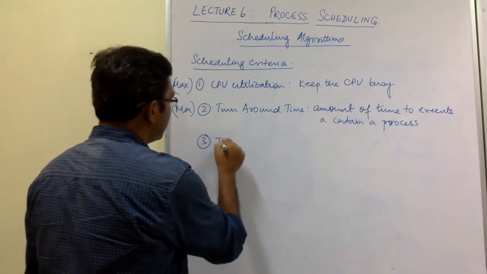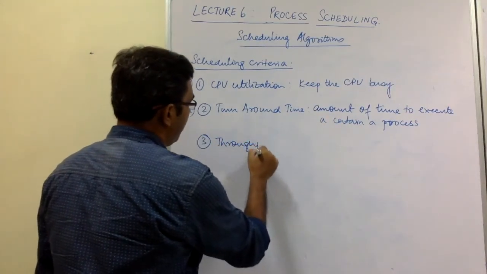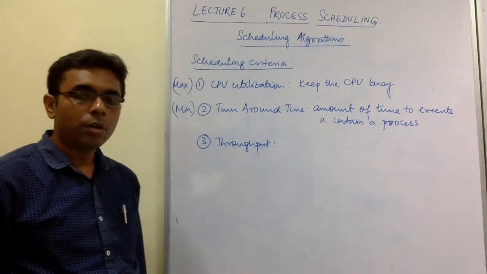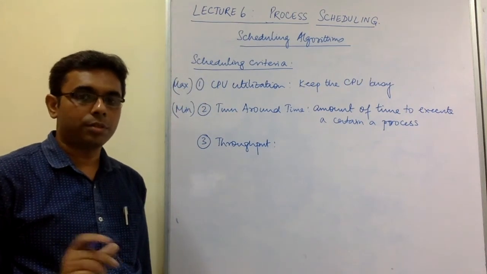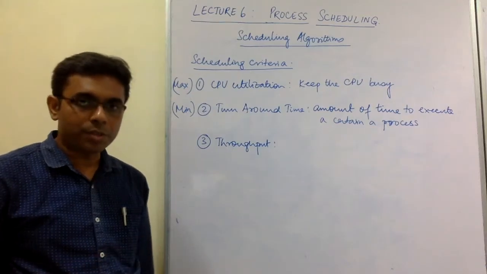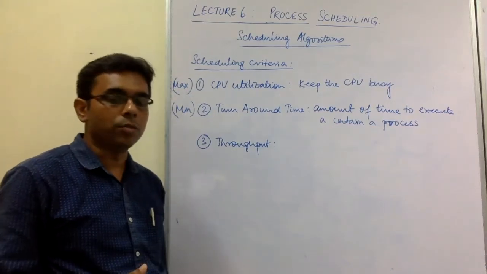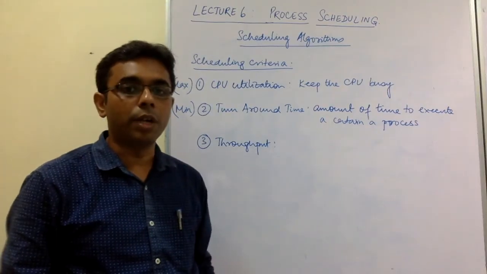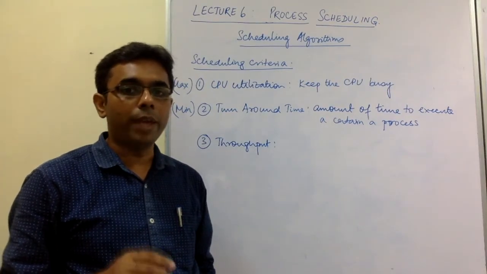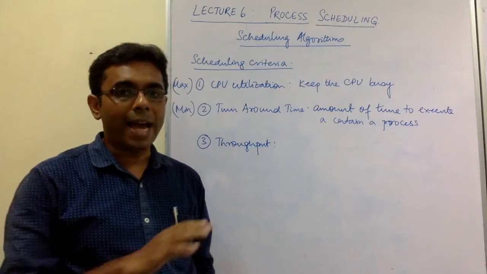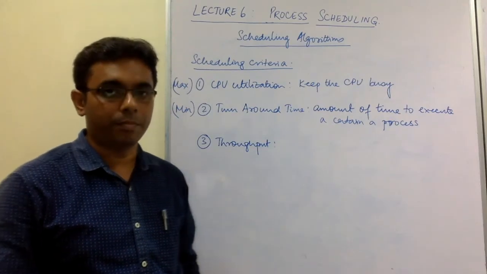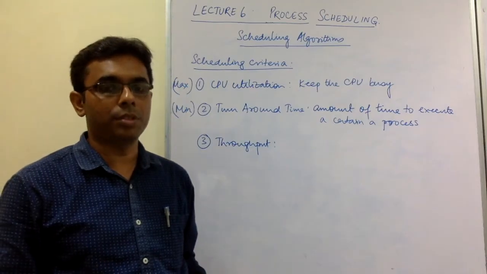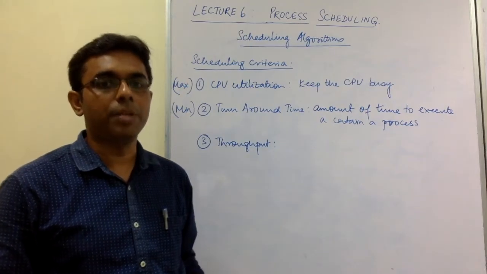The third is a parameter called throughput. Now this refers to a set of processes. So when there are a number of processes in your ready queue, that is, a number of processes have become ready and they can be executed, you want your CPU to execute as many of these processes as possible per unit time. So you want to complete as many processes as possible within a certain time period.